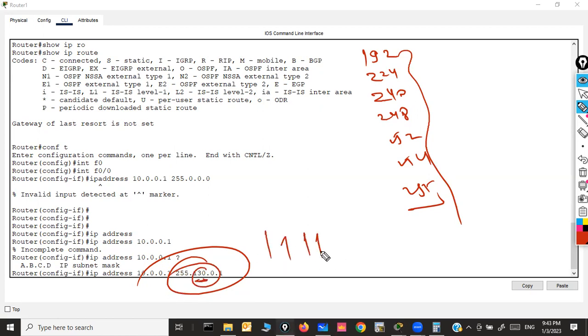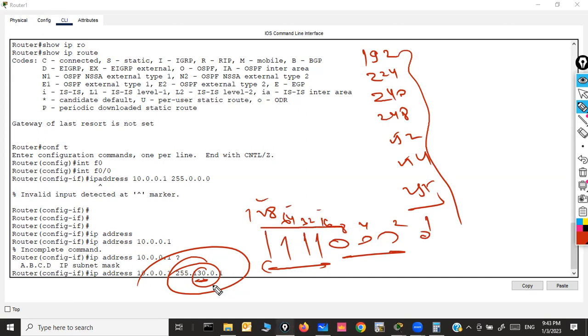Because all ones and then zeros, consecutive ones and then consecutive zeros. You know how to do the conversion from binary to decimal, 128, 64, 32, 16, 8, 4, 2, 1. Take any numbers, add them. Never will you get 130, right?